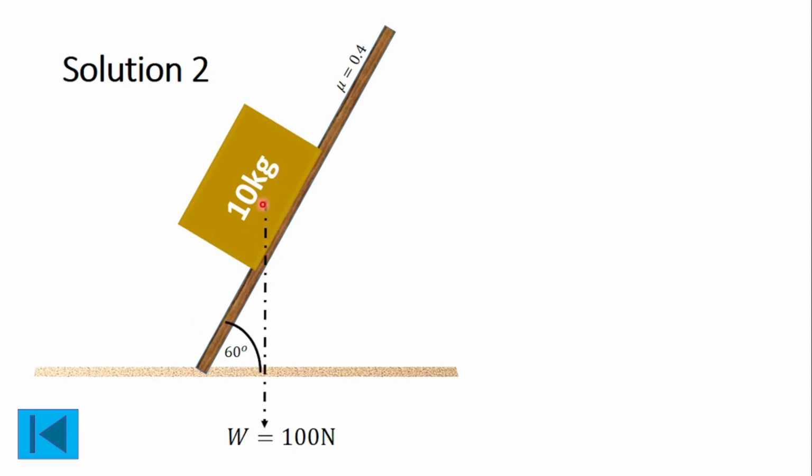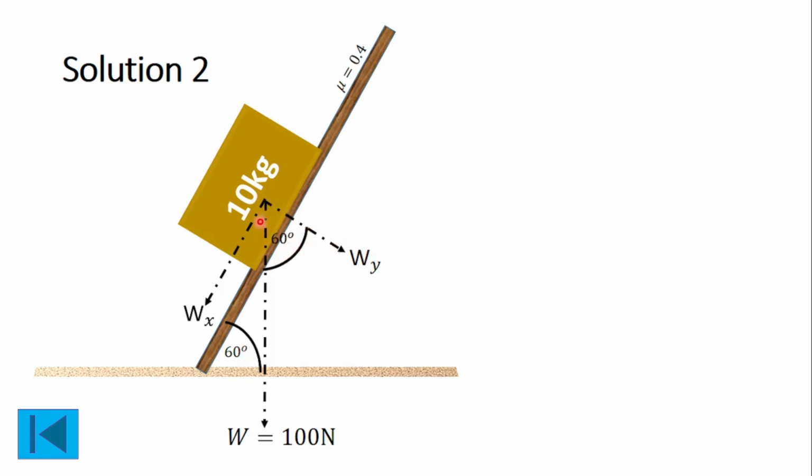That means you have two components: the vertical component, and the component parallel to the plane. This angle of 60 degrees is equivalent to this angle of 60 degrees because of the rotation of the plane. If the plane is rotated by this angle, then the vertical will also be rotated by the same angle.